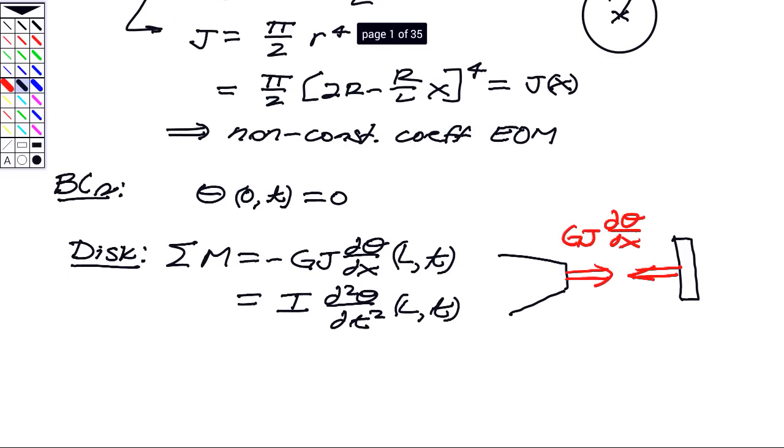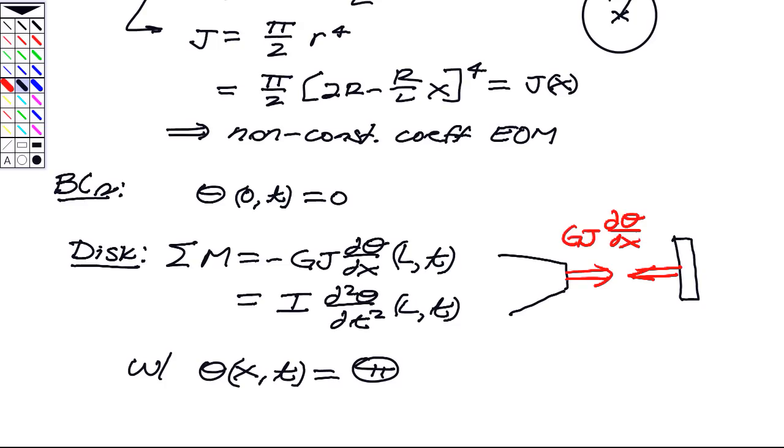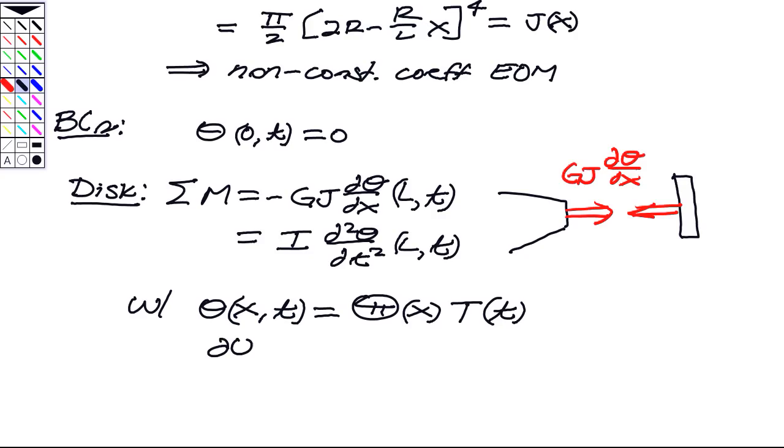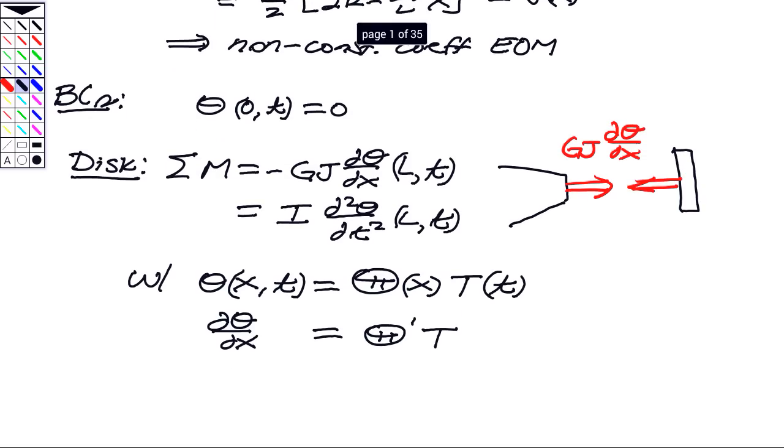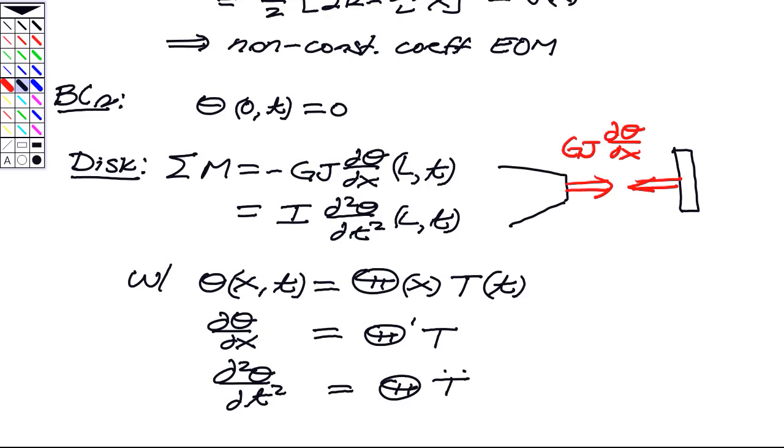And what we're going to do is write for a free response, theta of x and t in a separable form. So if I write this as some function of x, capital Theta of x, and some T of t, it says then that the partial of theta with respect to x is equal to Theta prime times T. The second derivative of theta with respect to time is going to be Theta, which is just a function of x, times T double dot.